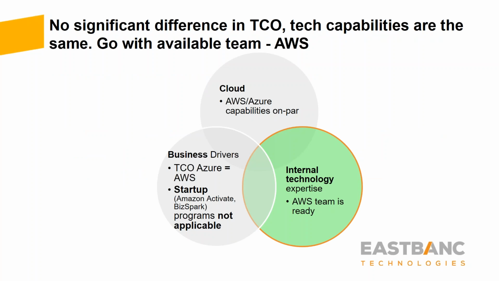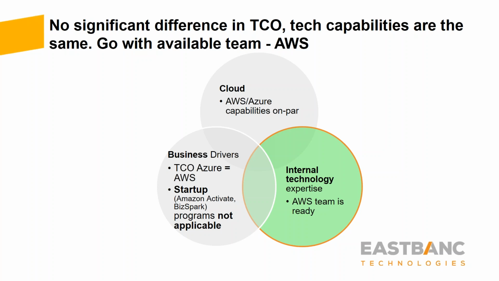So as you see now, for your architecture, we know we can support it in Azure and Amazon. For business drivers, pretty much the same TCO. And for startups, if you might consider that for your work, both Amazon and Azure provide additional packages or discounts for startups.